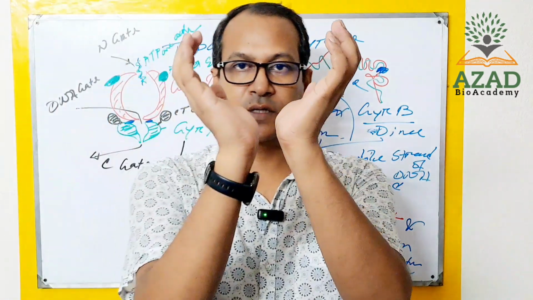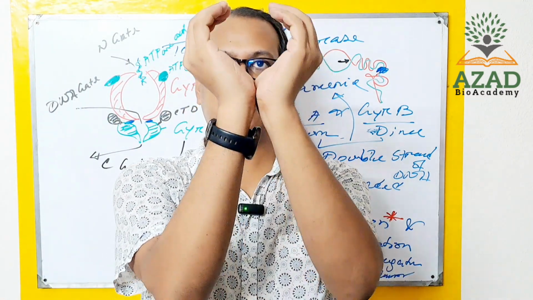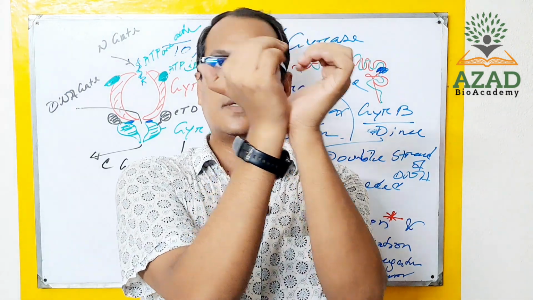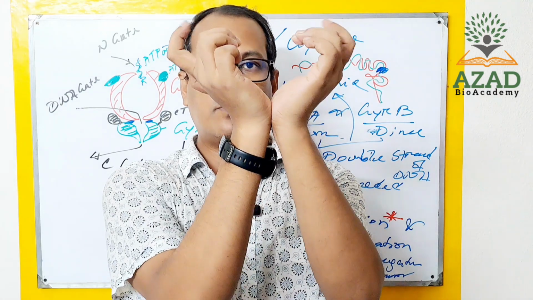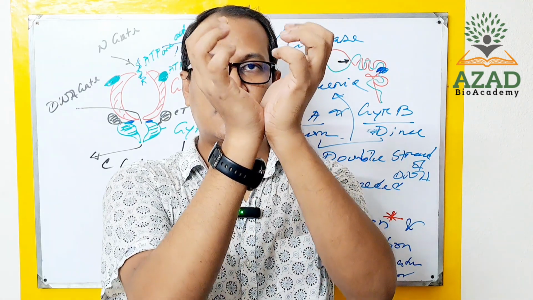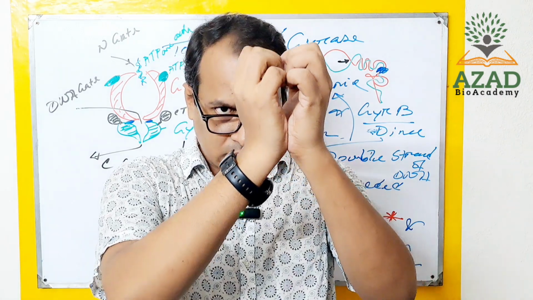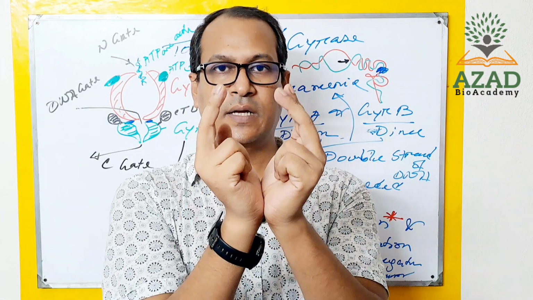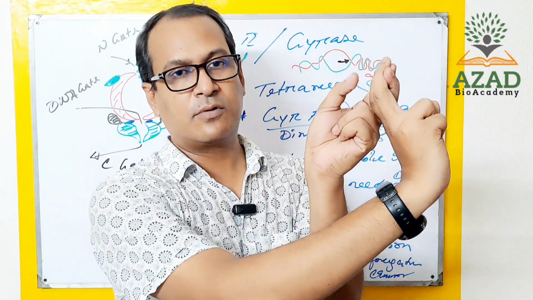Like this is the topoisomerase 2 enzyme, and this is your N gate, and this is your CTD. When ATP binds and the conformation changes, the DNA will enter, and then it will go down to the gyrase A part, and then it will cut the double strand.